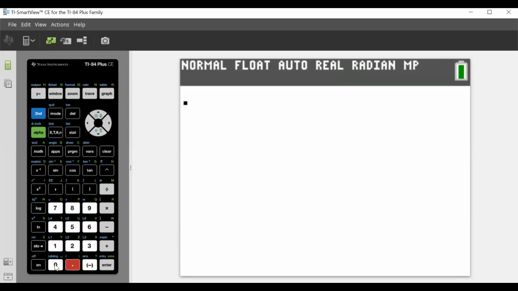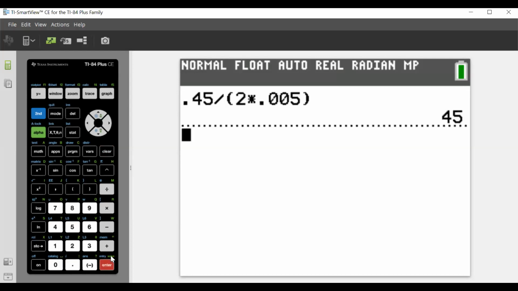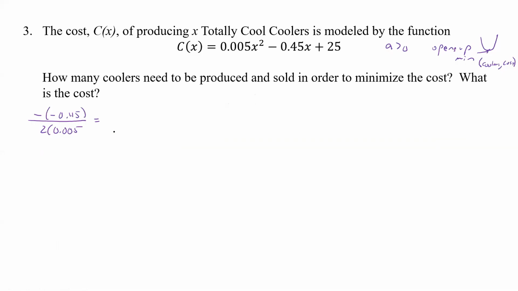So really we're taking 0.45 divided by 2 times, it was the 0.005, I believe. And so we get 45. So we have 45 coolers. So that's how many coolers need to be produced. And now what is, oh, I guess it's C, sorry, not F.